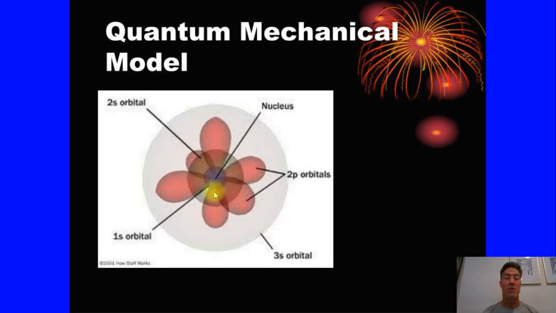So we have the 2s orbital, but we also have the 2p orbital. And as you can see, the s orbitals are shaped like spheres. That's kind of nice and simple and clean. But the p orbitals are shaped like dumbbells. And as we're going to see, increasing orbitals not only have increasing energy, but they have increasingly weird shapes. So every time we go up an energy shell, we go up an energy level, and we have more and more subshells within them, and many of them have weirder and weirder shapes.